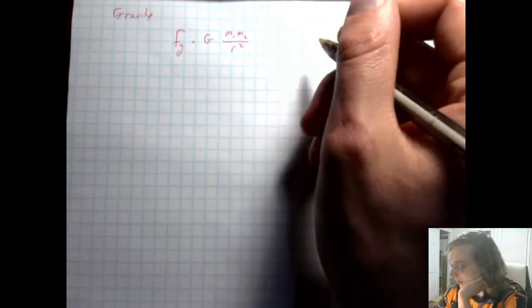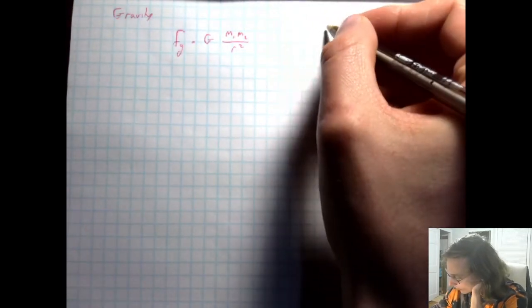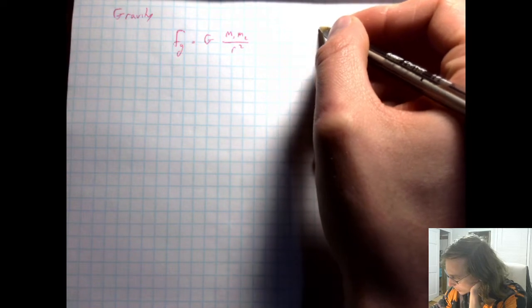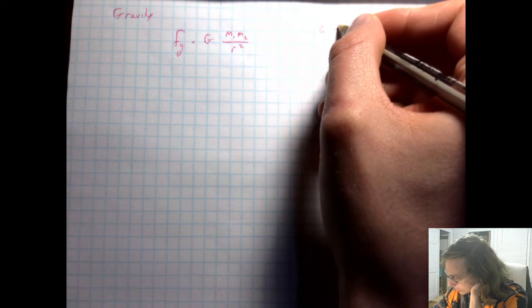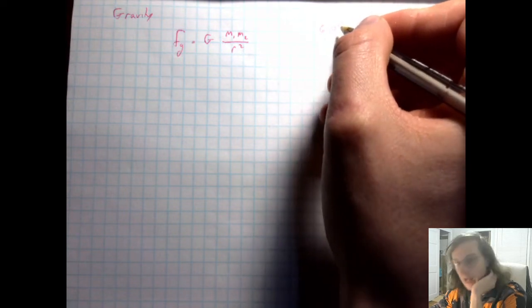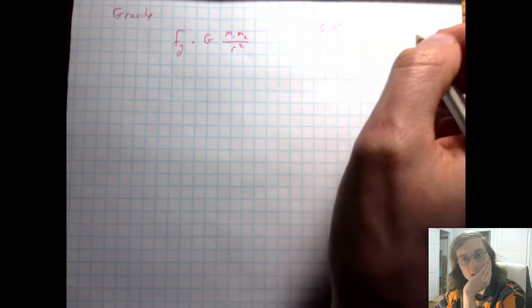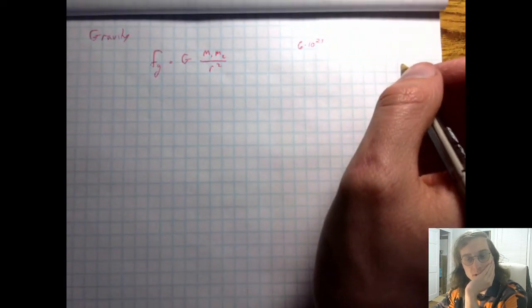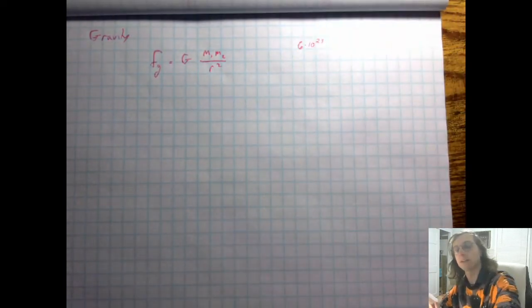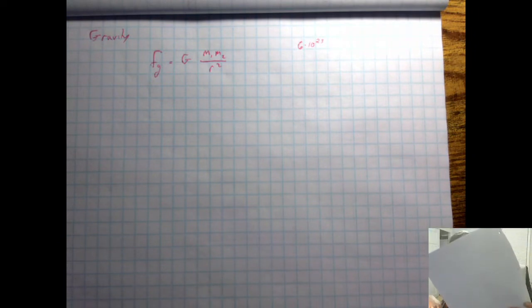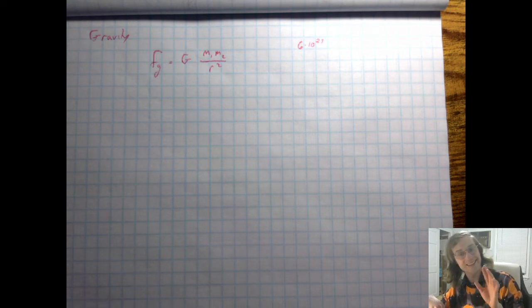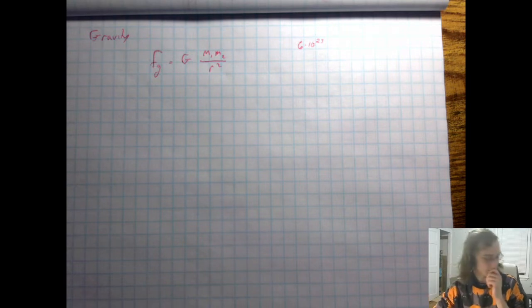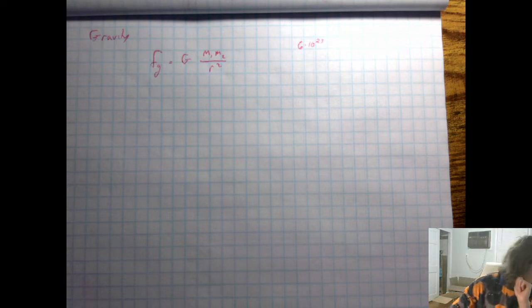Capital G is a fixed constant. It is 6 times 10 to the, I want to say 23rd. Oh, I really should have looked this up before I started. I think it's 6 times 10 to the 23rd, but now that I think about it again, I'm pretty sure that's wrong.